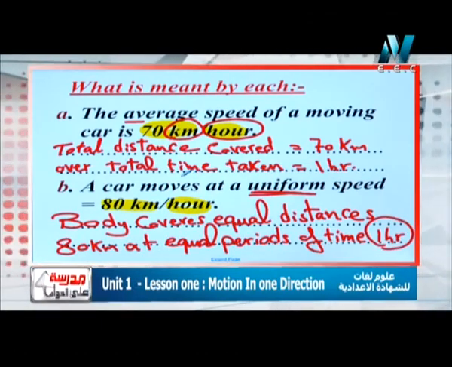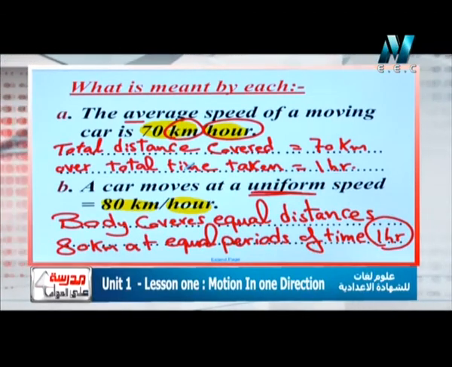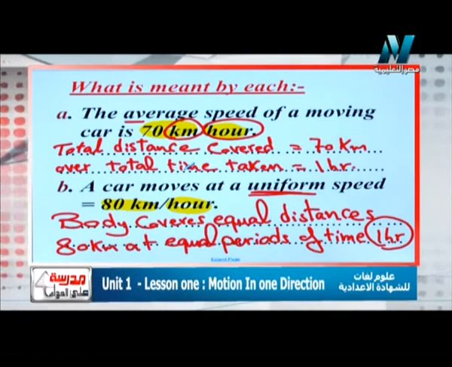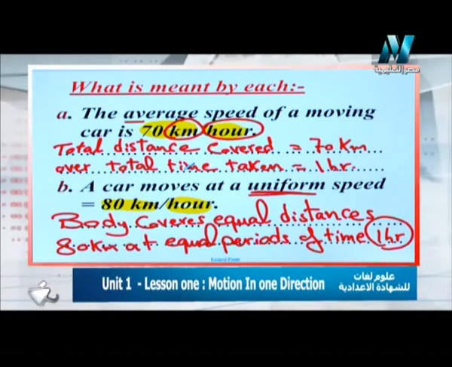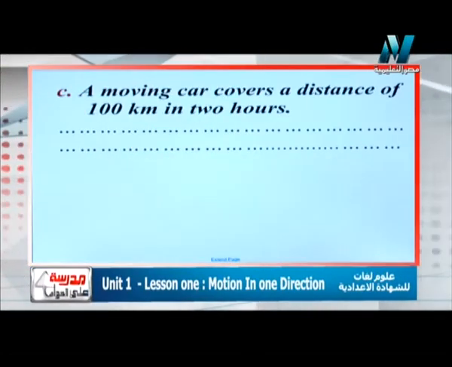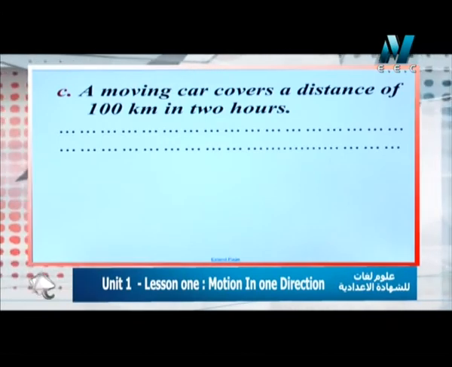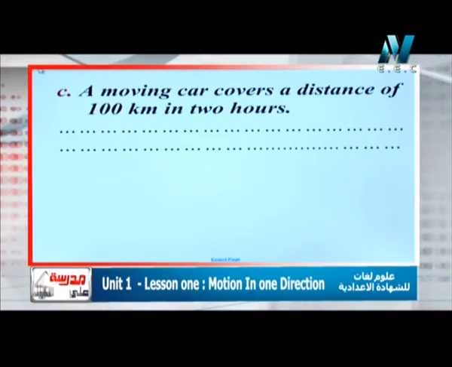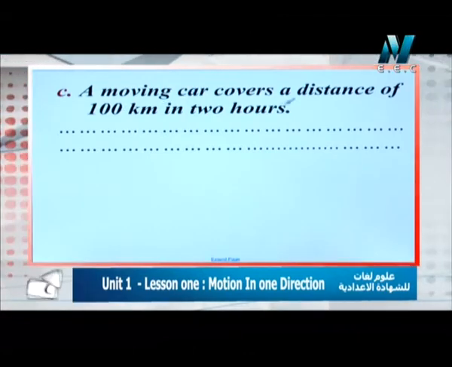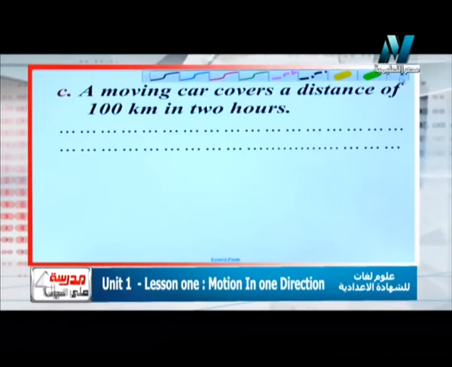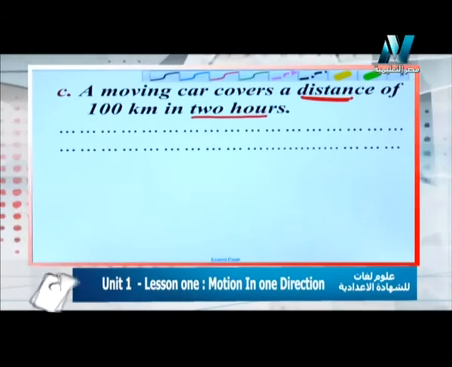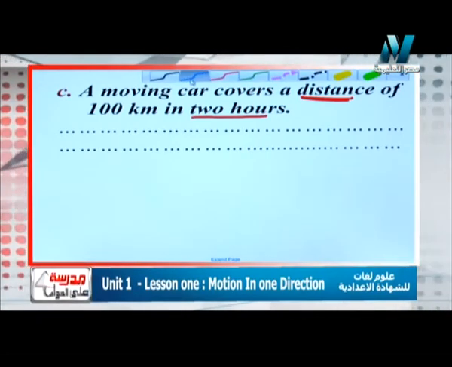So if the number is complicated or complex, combined together, I separate it. This is speed, so the speed is distance and time, and I put the definition as I want. Another possibility: if the numbers of the two measuring units are separated, I put them back together. How? It says a moving car covers a distance of 100 kilometers in 2 hours. It gave the distance alone and the time alone, 2 hours. Distance and time mean what in one word?